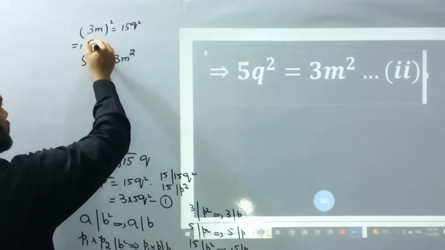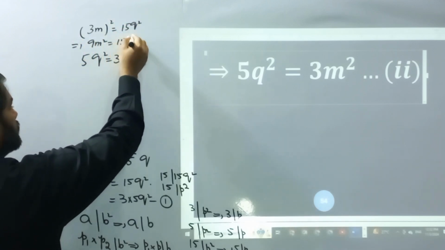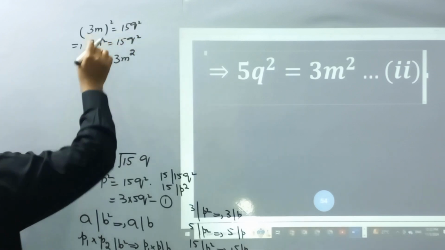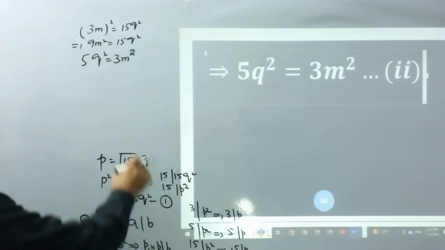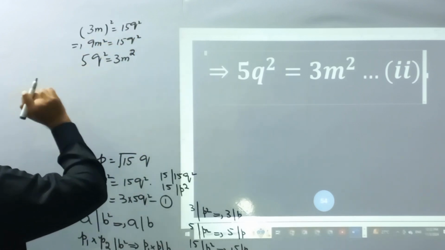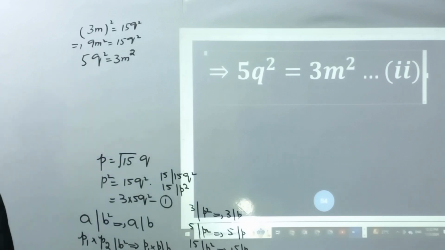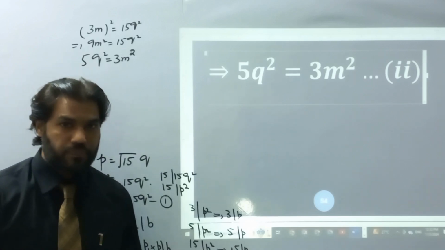This implies 9m square is equal to 15q square. By cancelling with 3, we have 5q square is equal to 3m square. Now I am interested to find the value of q.